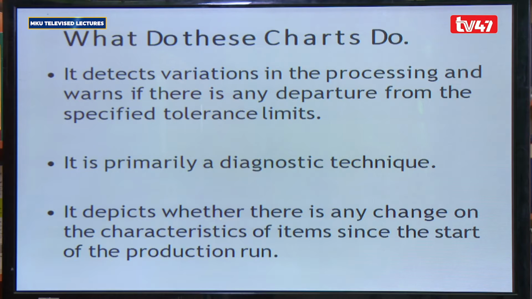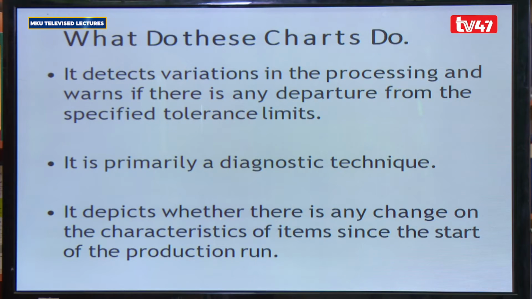control charts detect variation in the processing and warn if there is any departure from the specified tolerance limit. So if we have an outlier, we have a range of acceptable values that any given attribute or any given variable should not go beyond.